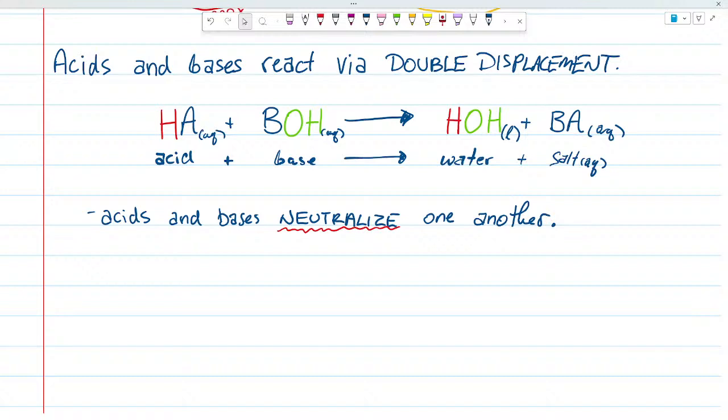this is a demonstration I wouldn't do for safety purposes, but I could go back there and get 200 mils of pH 14 sodium hydroxide, deadly dangerous, and get 200 mils of pH 0 hydrochloric acid.